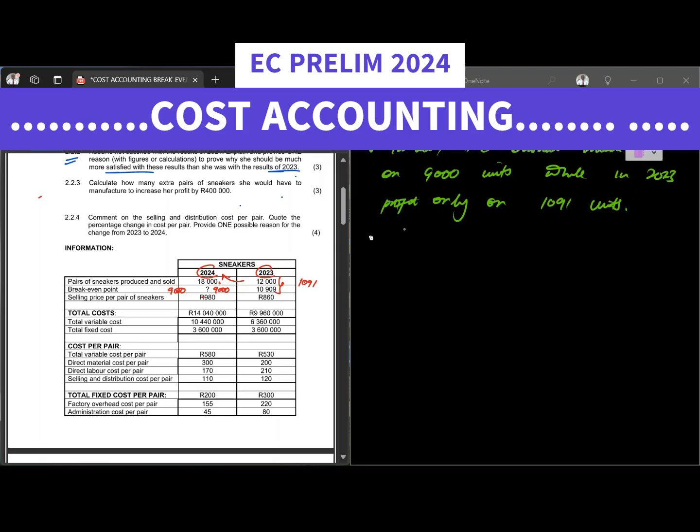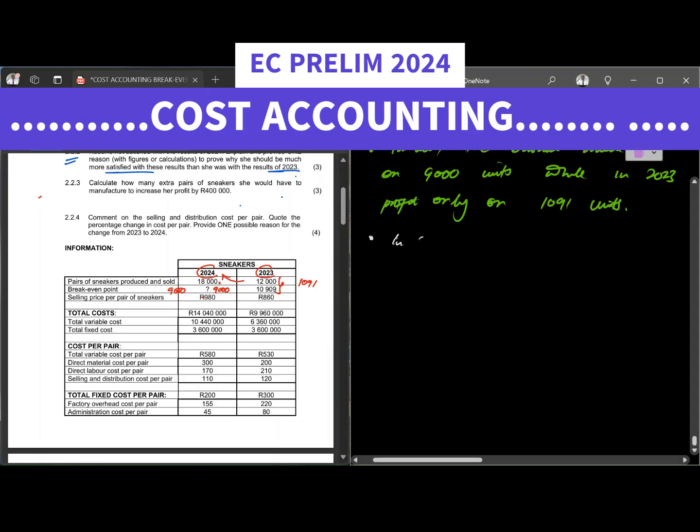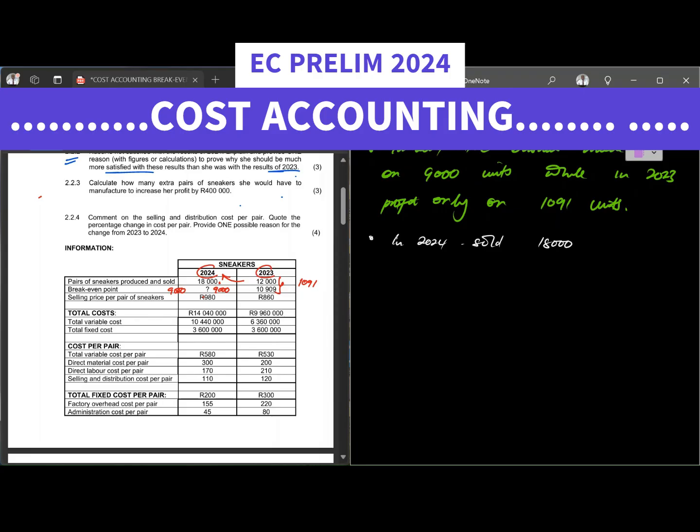All right, so you can say in 2024, the business has sold 18,000 units, which is 6,000 units more than the units sold in 2023, which is 12,000.